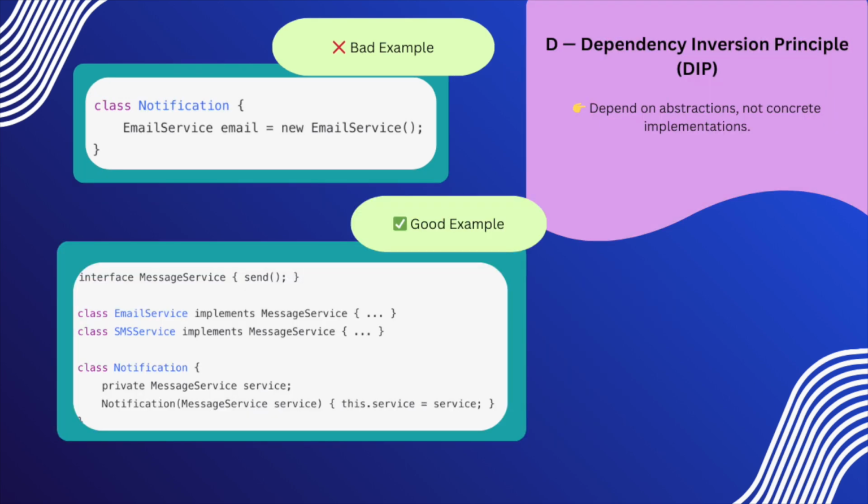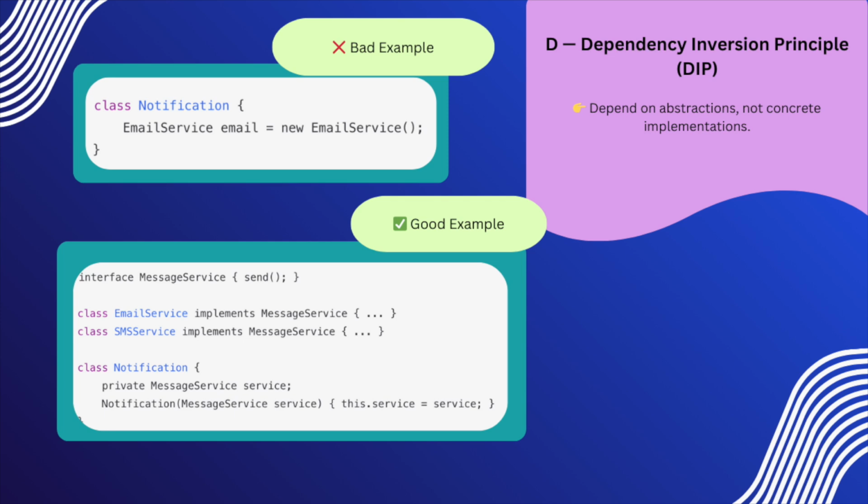Now we will see the last one, that is dependency inversion principle. That means depend on abstraction, not on concrete classes. A bad example you can see is class Notification, let's say, that has an email service. Here if you change email to, let's say, SMS or WhatsApp, this class needs to be modified. A good example will be when we use abstraction.